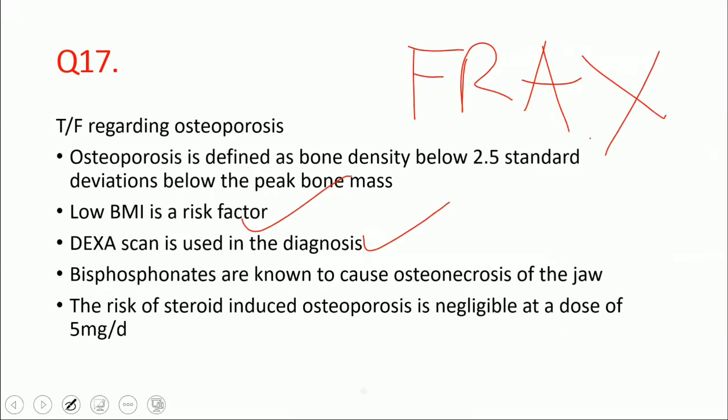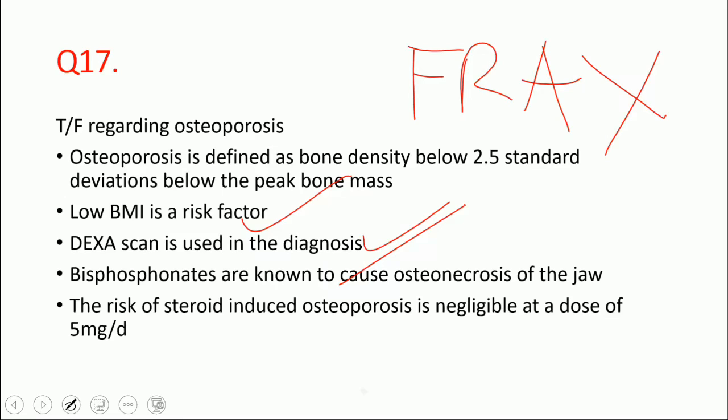Bisphosphonates have dangerous side effects. One of them is osteonecrosis of the jaw. That is a dangerous side effect of bisphosphonates. Another problem is when you use bisphosphonates for a long time, it can also cause fractures. The reason is that it targets the osteoclast, and the osteoclast is needed for healthy bone turnover.